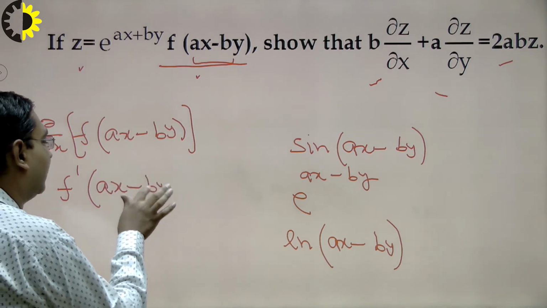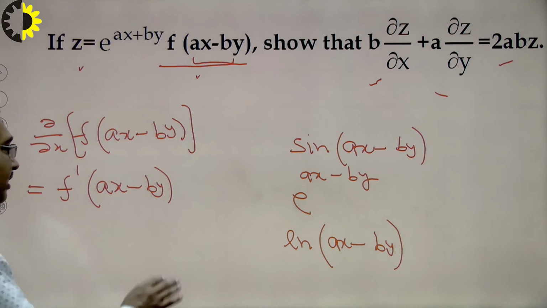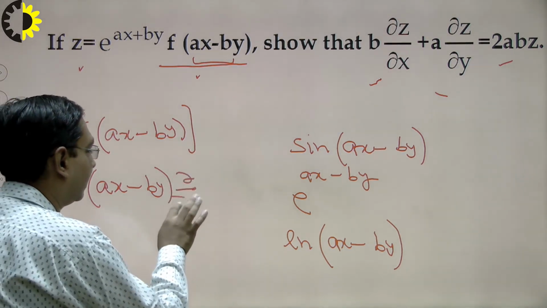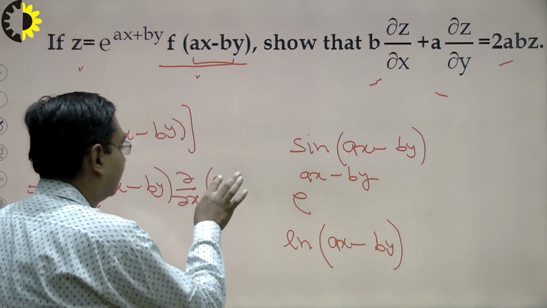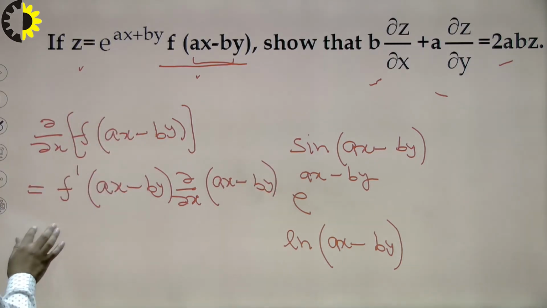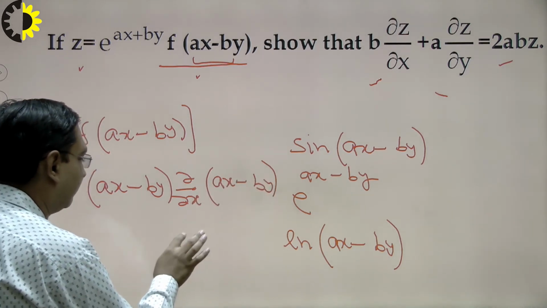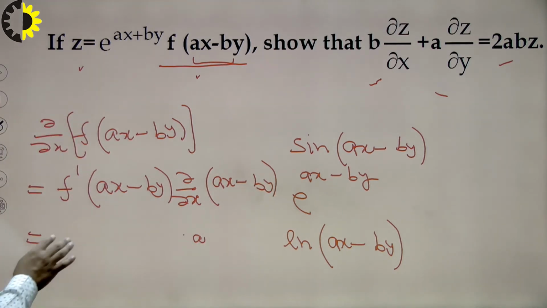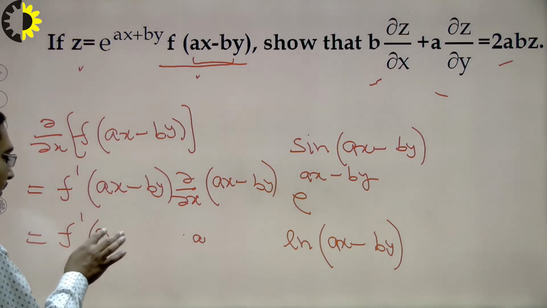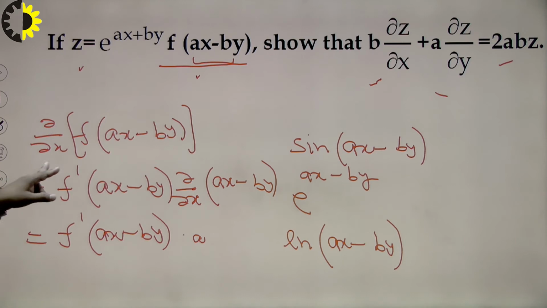We will simply write f dash, and the remaining terms will be differentiated as usual, giving del over del x of ax minus by, and this will give simply a. It will be the value of the derivative of f of ax minus by with respect to x.